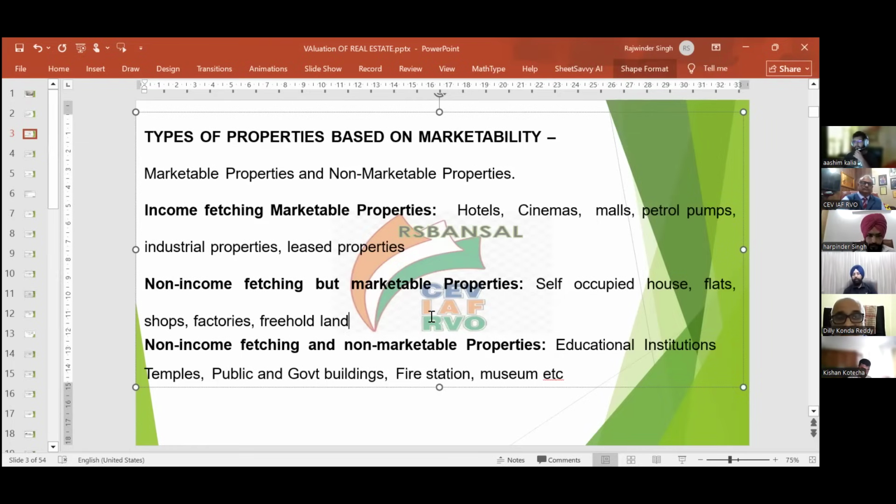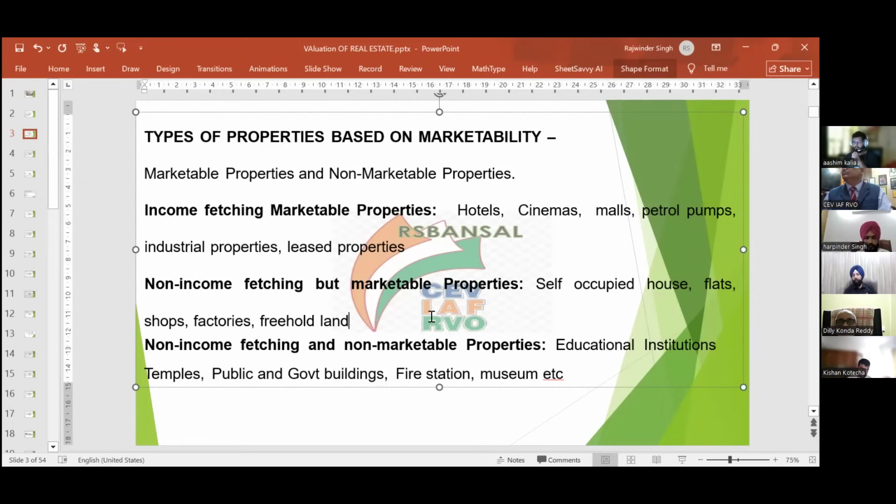And then there are certain properties which are neither income fetching nor marketable. There are some properties which are not generating any income and they cannot be sold in the open market.